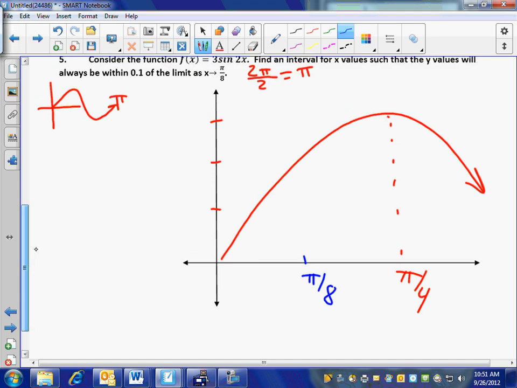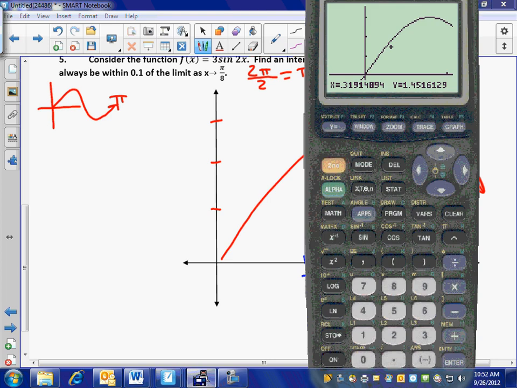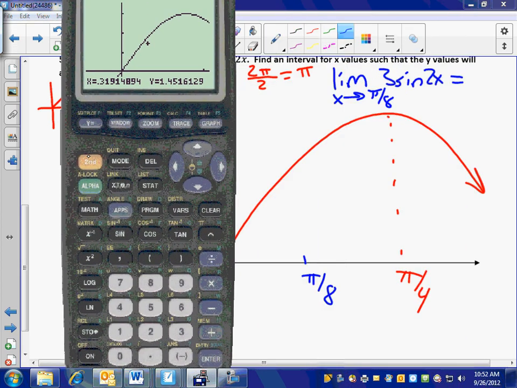Is the function defined at pi over 8? Yes. So we have the limit as x approaches what? Pi over 8 of our function 3 sine of 2x is equal to, we need a value, right?